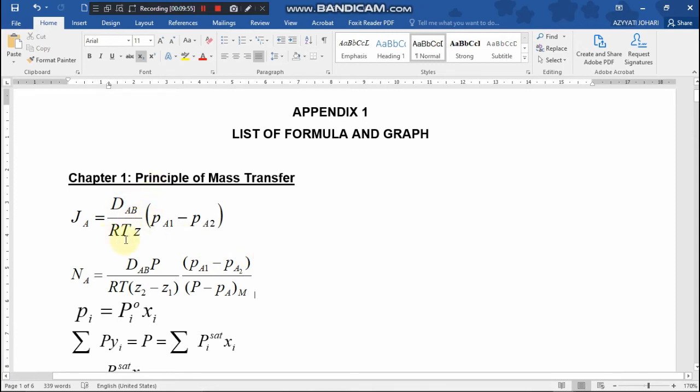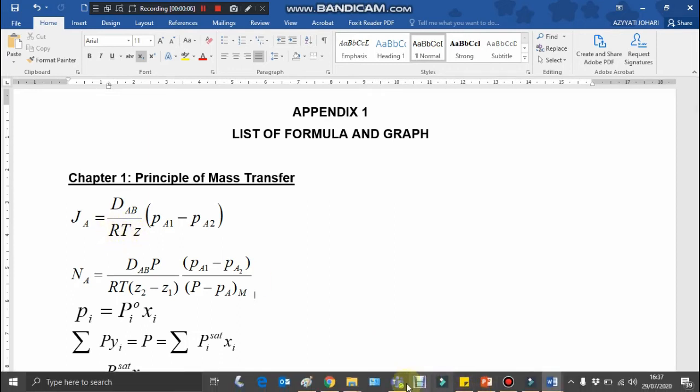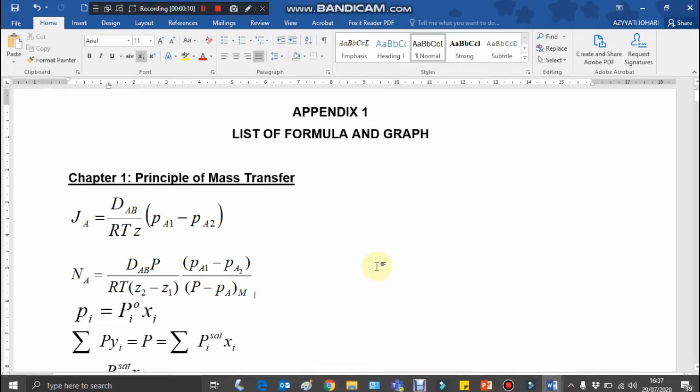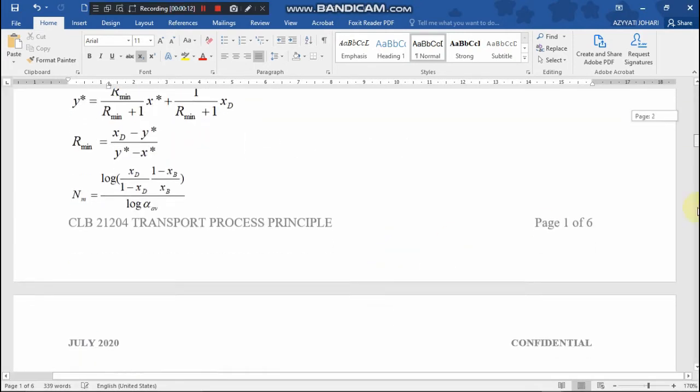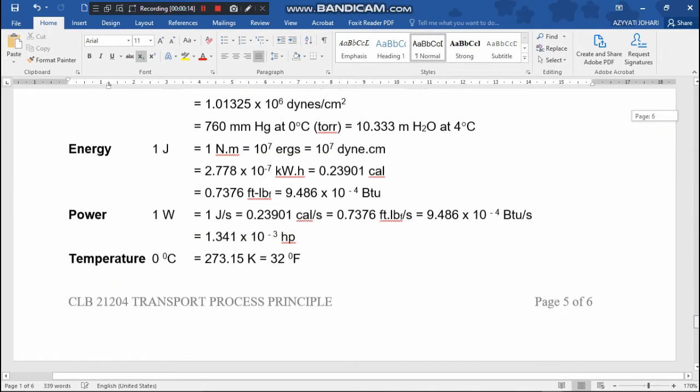We already know the value of DAB, T, Z, PA1, PA2, and you already get the value of R from the ideal gas law values in the appendix, which is stated here.